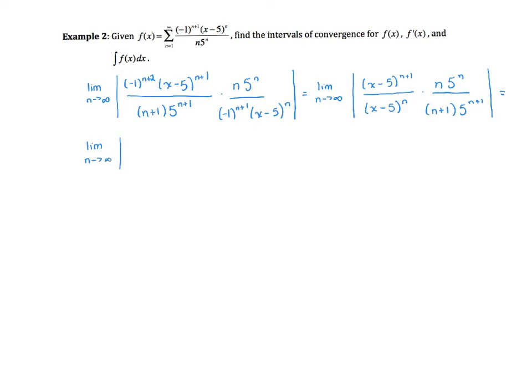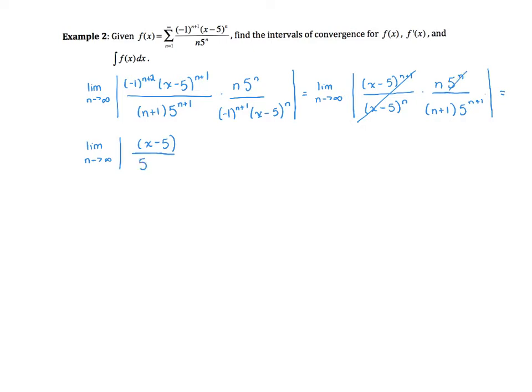The first fraction just means we have one more x minus 5 on top than we do on bottom. So we will have an x minus 5 up here, and that takes care of this first fraction. Now, when I look at the 5s, I have a 5 to the n over a 5 to the n plus 1. So I have one more 5 on bottom than on top.